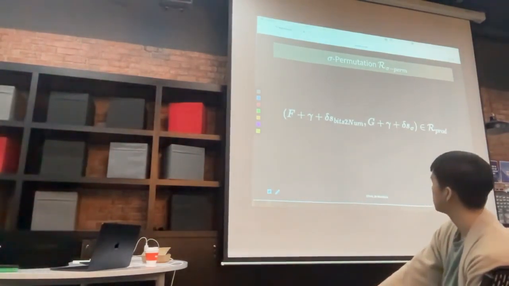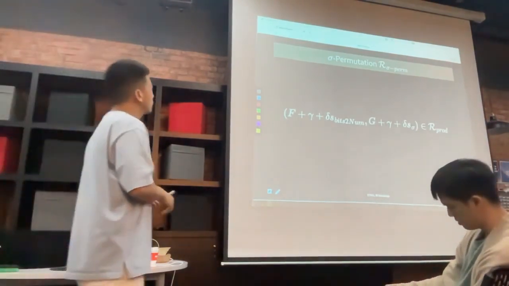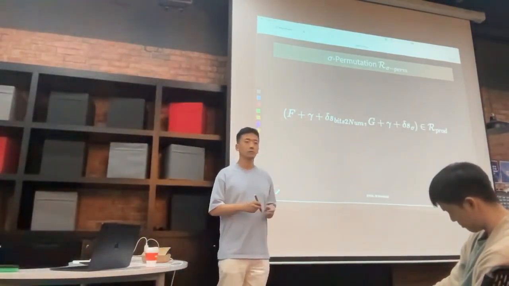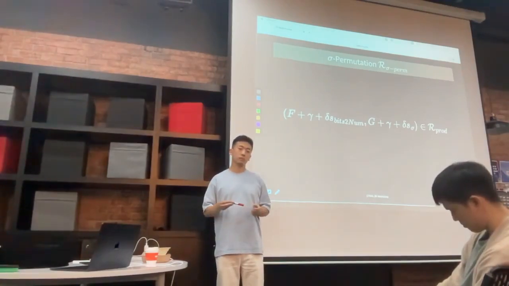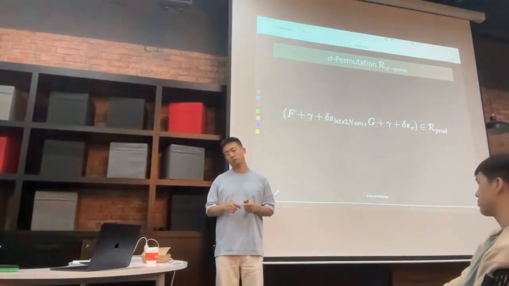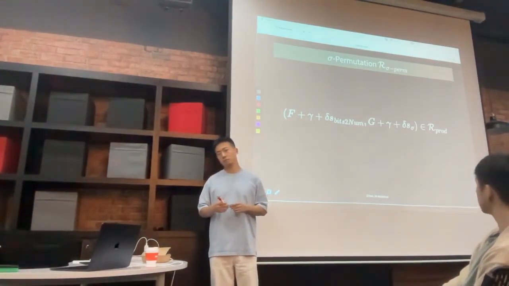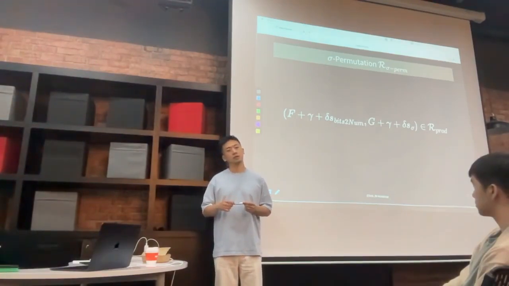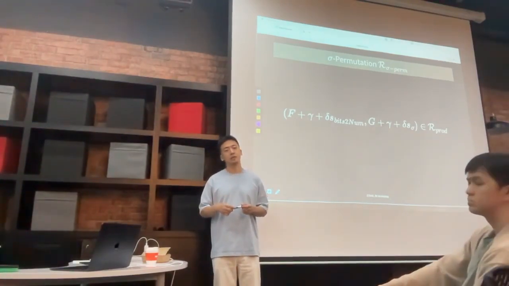Since we are using a Boolean hypercube, if we have a lot of wires, that's a lot of permutation. Does that mean I have to increase the degree of my hypercube? It doesn't. It's still the same size.